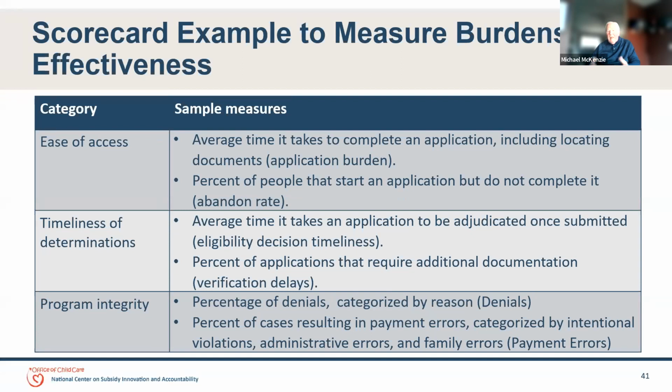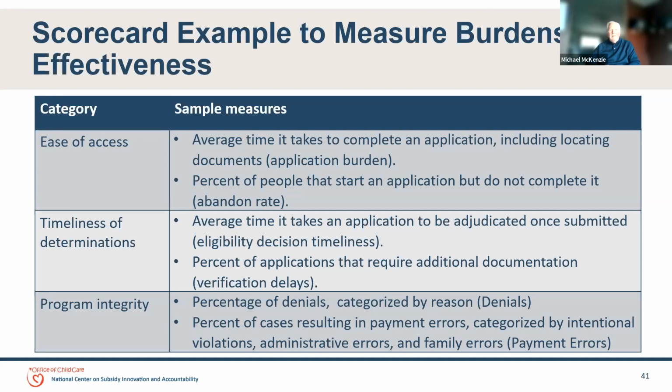In this example, the agency that we created this for has priorities of ease of access, timeliness of determinations, and program integrity. So then you can see the sample measures, and we generally recommend that you take a measurement at the time of implementation, and then maybe 6 months down the line and a year after that, just to check and see how your rate's going.